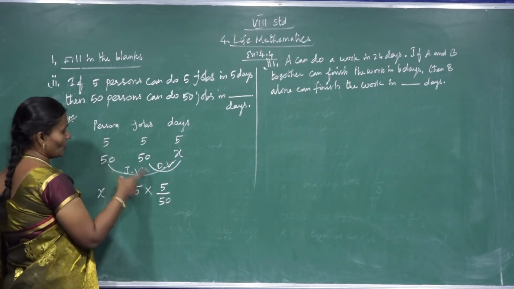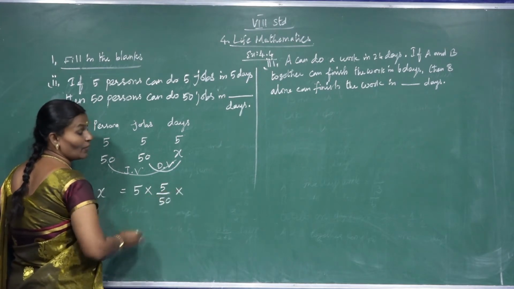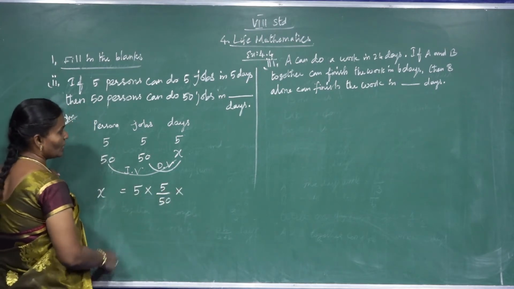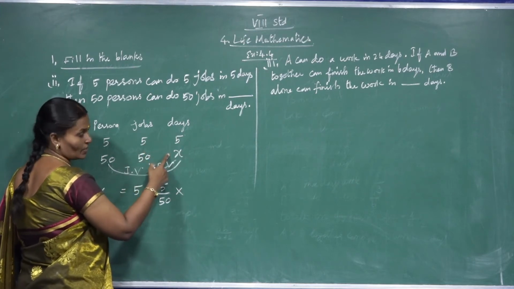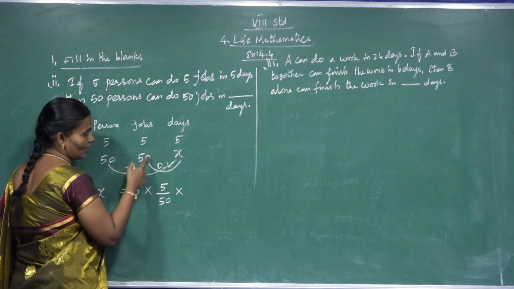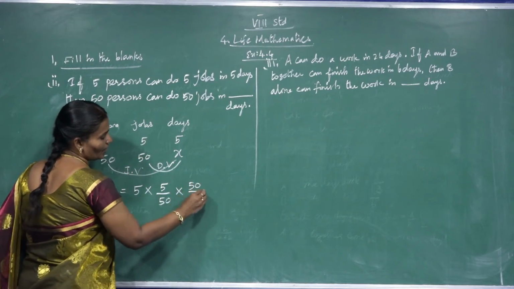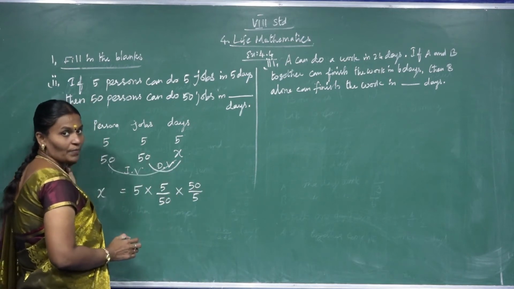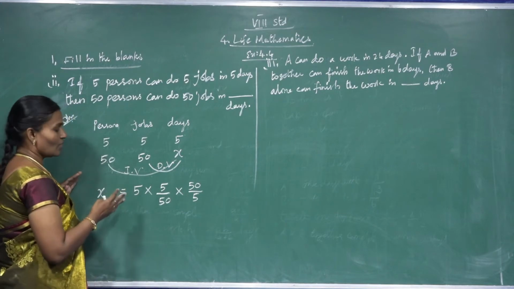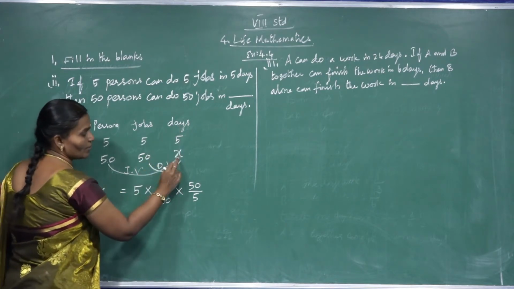If it is a direct variation, as with jobs and days, you write the reciprocal. That means the second one in the numerator and the first one in the denominator. Understand, children? Listen carefully. This is called the multiplicative factor method. Here the unknown is days.